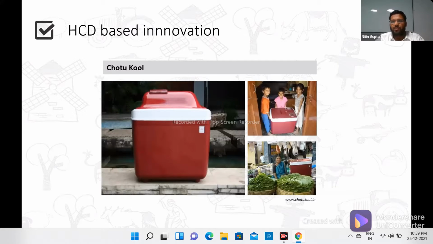It was developed with this pure human-centered design approach, where people went to the villages and found out how people store their vegetables or milk in a small panwala shop, and what exactly they needed. So they came out with this beautiful product which can be charged over some time, and it retains that cooling for a few hours. So this was a problem solved.